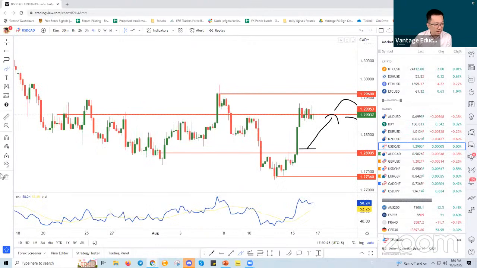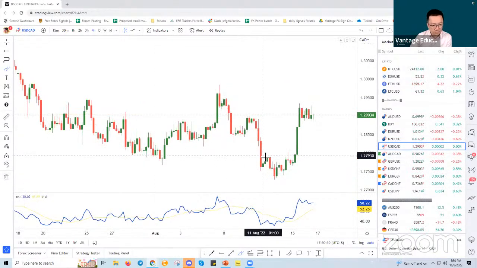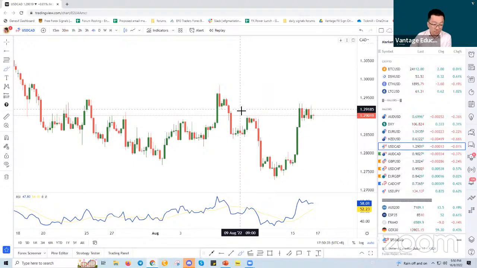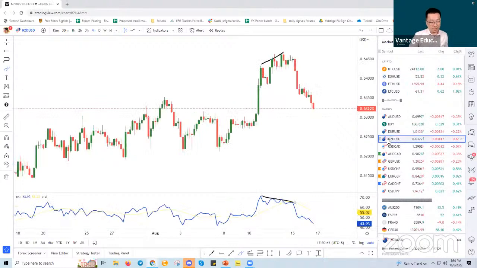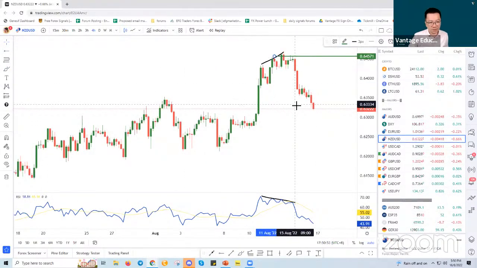The US CAD, nothing very clear. Nothing really clear. So what we're paying attention to in particular, like the Kiwi dollar, is that trend. It was moving up, it hit that resistance level, a key resistance level of about 6457 or 6460, a rejection of that level.